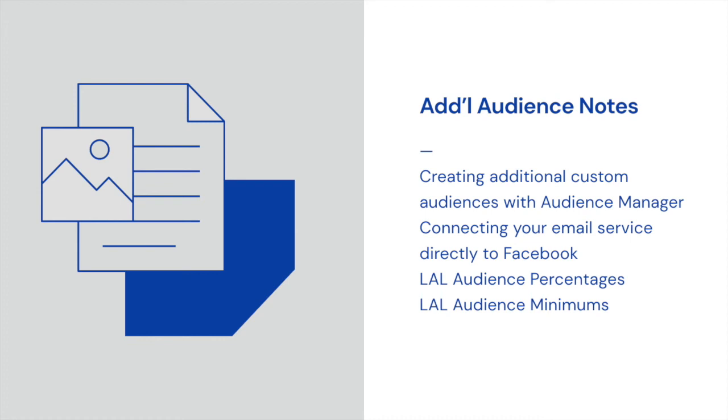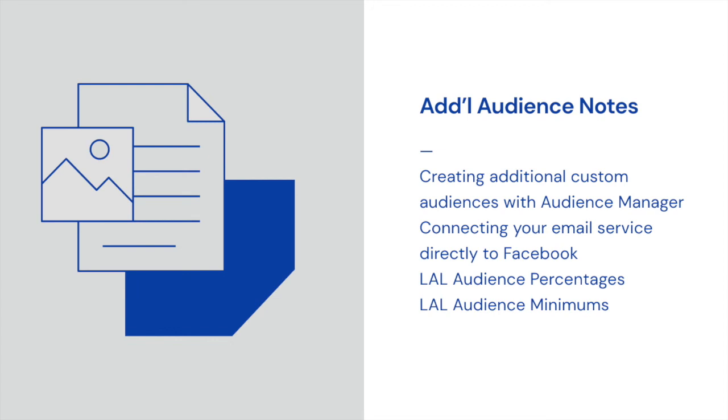The next thing that we didn't want to cover, it's kind of a wide-ranging thing in terms of platform providers. You can connect your email service directly to Facebook. If you utilize Klaviyo as your email service provider, you can connect Klaviyo direct into Facebook. If you are on MailChimp, there is a pretty simple connection through utilizing Zapier.